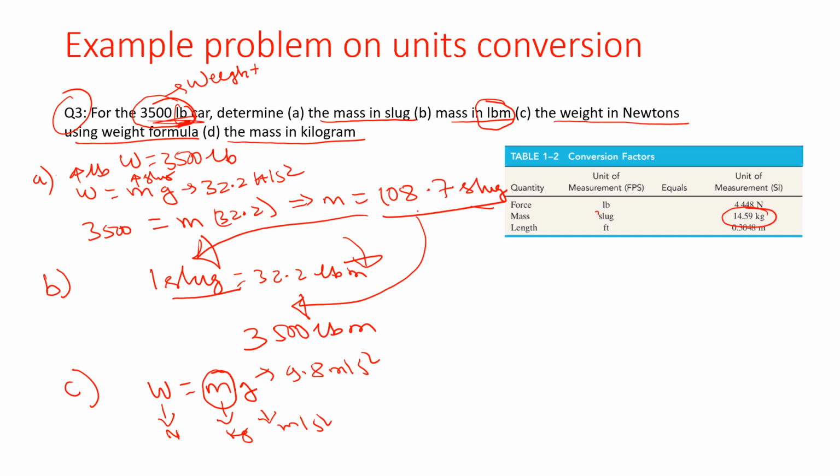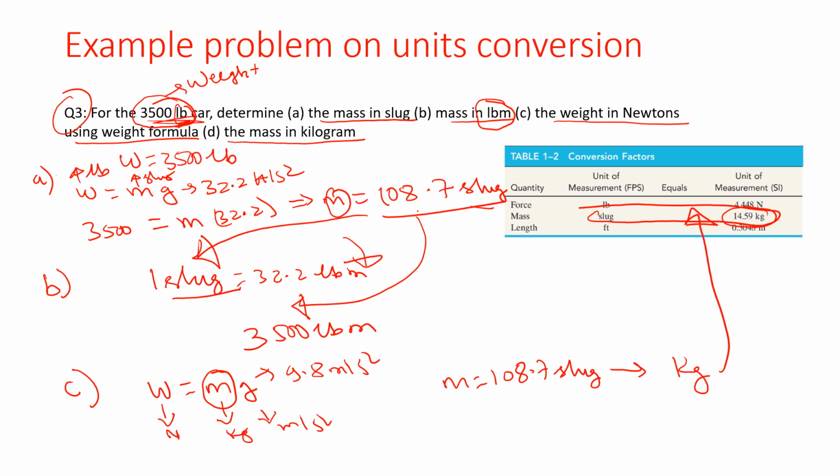So you have slug is 14.59 kilograms. You can convert whatever mass you have obtained in slug. So the mass is 108.7 slug. You need to convert this to kilogram using this relationship.